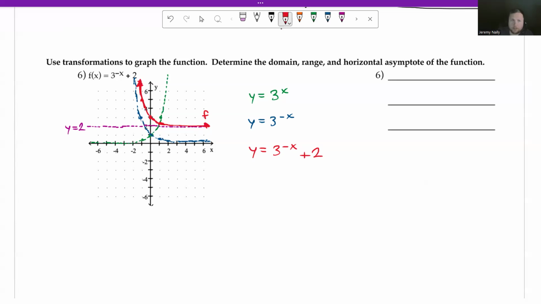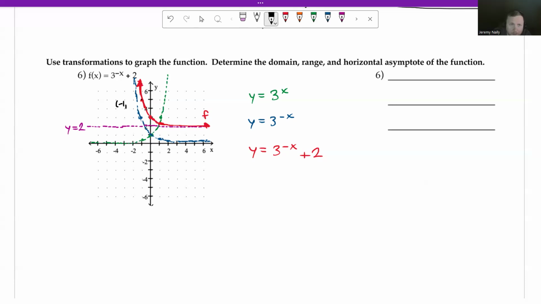All right, so there's our graph. And you can see I have each transformation along the way graphed. I have the horizontal asymptote on there. And then I have key points somewhat marked, but I can be a little bit nicer and label them.